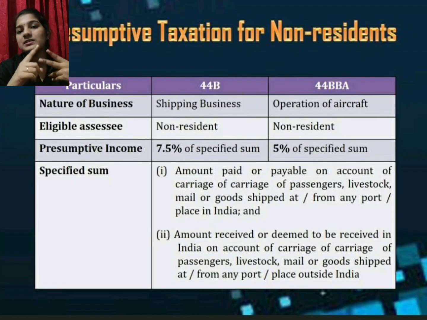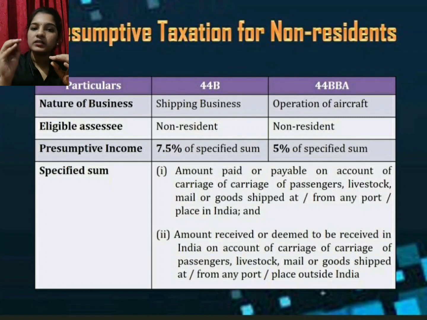The specified sum is the aggregate of 2 amounts. First case, when the passengers, livestock or goods are shipped at any port in India and the payment is made outside India. So that is the services rendered in India and payment made outside India.